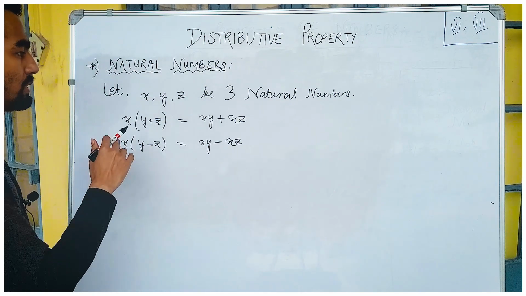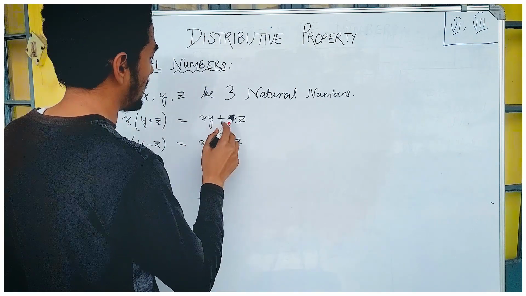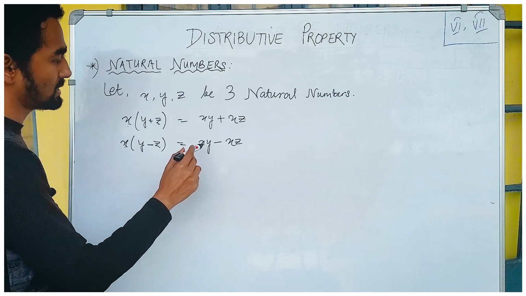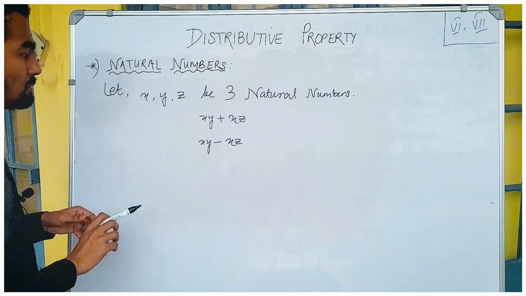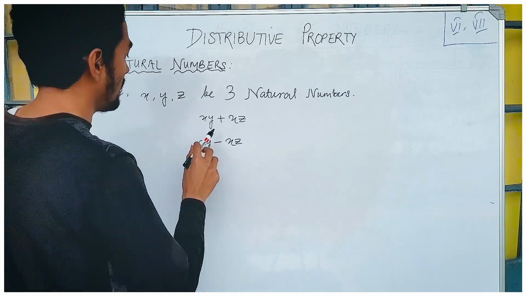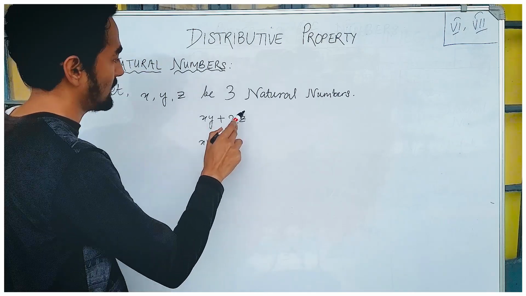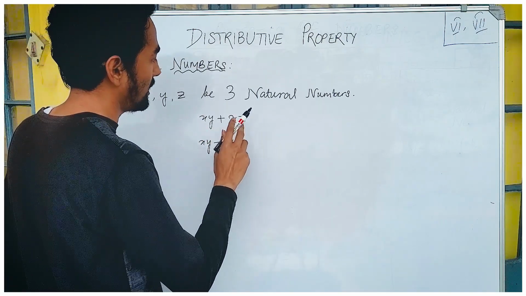Now if we are given the reverse order, for example xy plus xz, or xy minus xz, how can we apply the distributive property? First we discussed when x into (y plus z) was given. Now say you are given xy plus xz, or xy minus xz. How can you write it in bracket form?